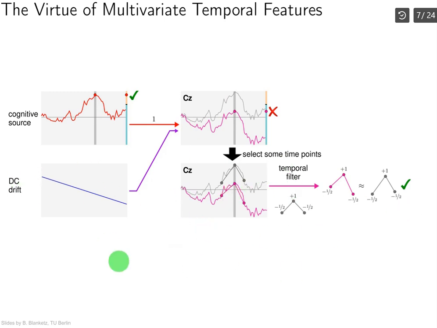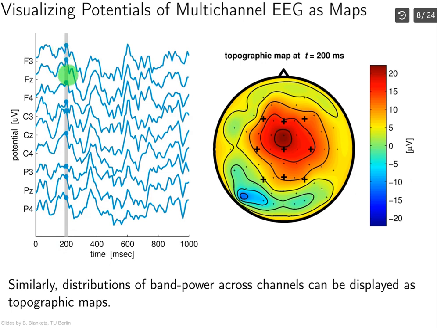Okay, we can take the same univariate feature across different channels now, F3, FZ, F4, C3, CZ, and other channels. Select one time point, okay, at 200 milliseconds. These selected time points across different channels will be considered as a spatial feature at some fixed time point. And we can visualize these spatial features as a topographic map, as I have already discussed in the previous lectures.